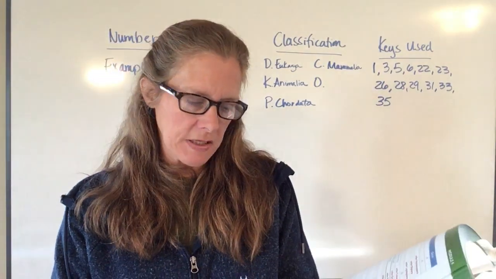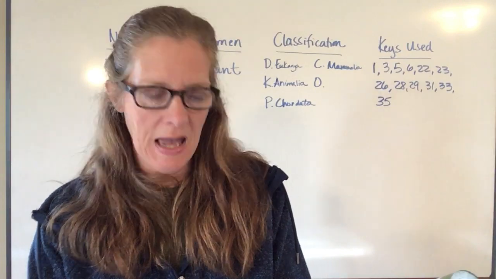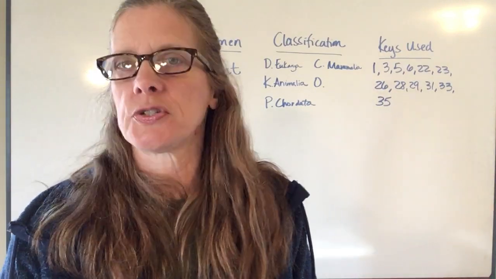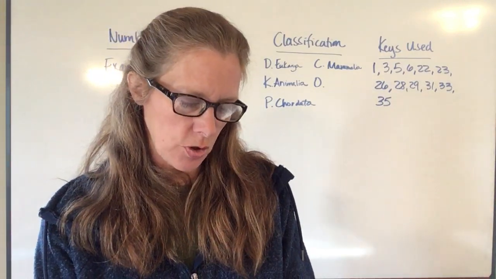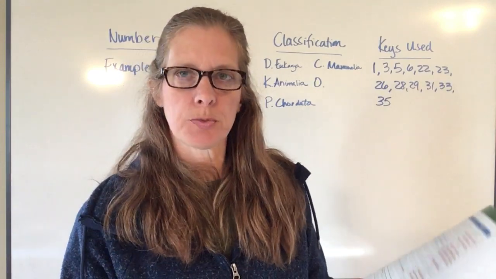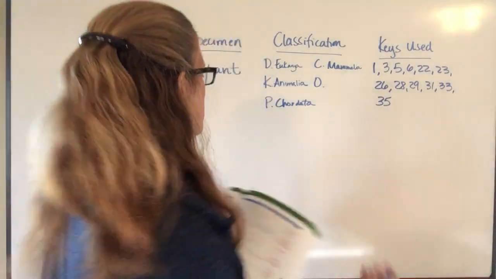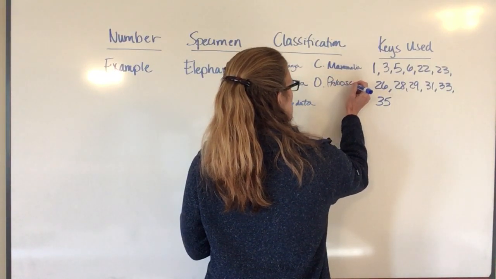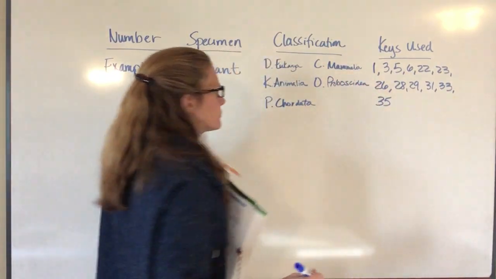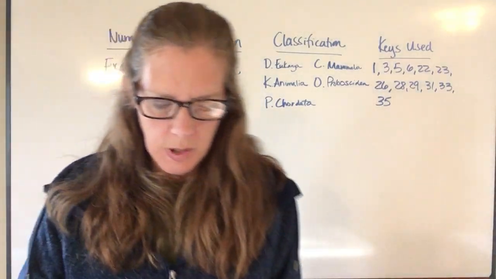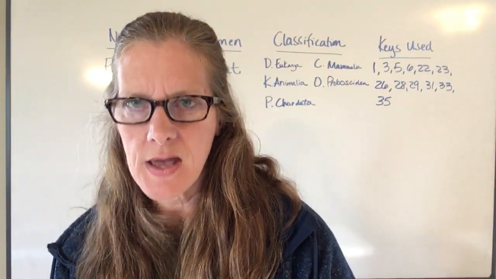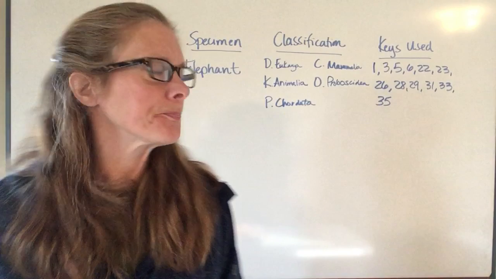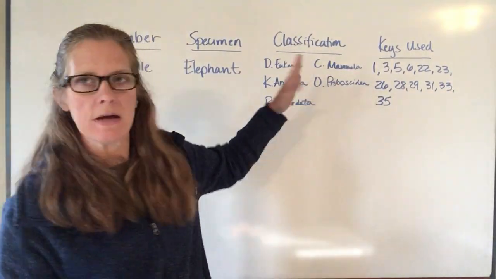And so the correct answer here is yes, it definitely has an enlarged trunk. It uses that trunk to pick up things. It uses its trunk to breathe. And so that is going to put it in order Proboscidea.